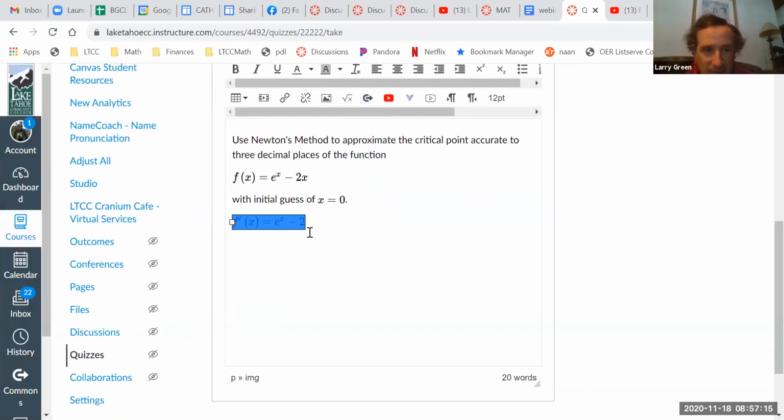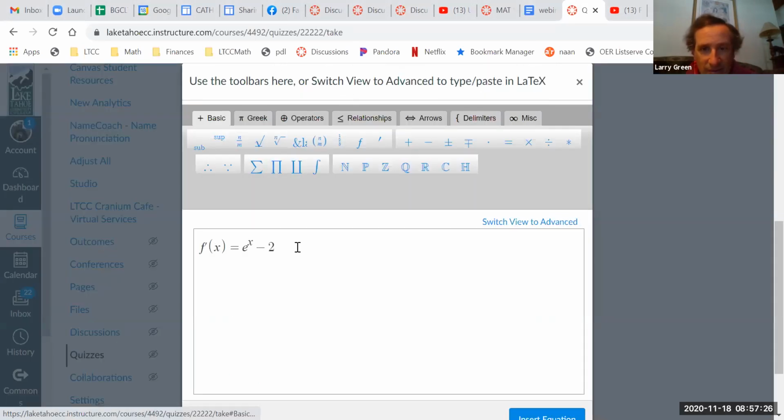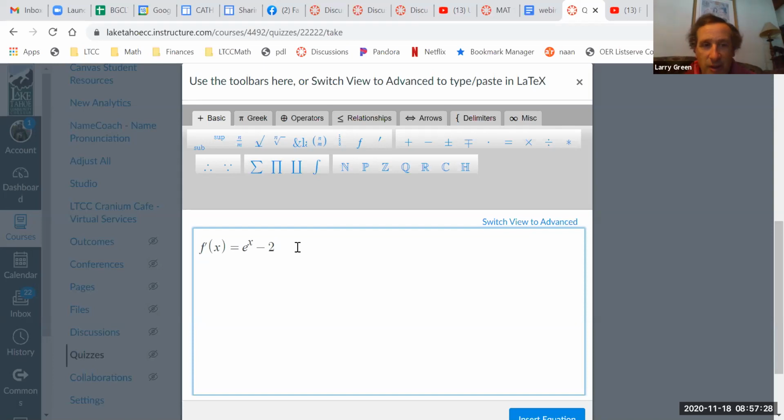All right, so then what we want to do is set that derivative to what? To find the critical point. So if we have a critical point, what do we know about the derivative? Yeah, we set it equal to 0, and Newton's method is all about finding out when something is equal to 0. Any questions on that?